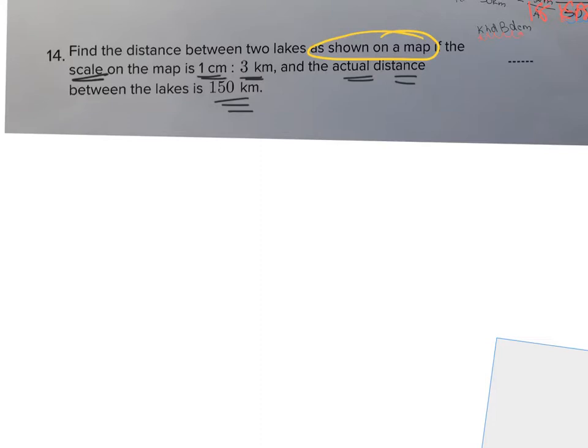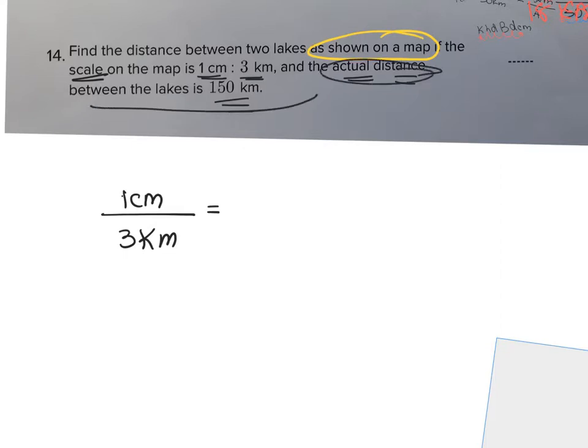You would say the distance on the map of 1 centimeter is related to the 3 kilometers in the same way that the actual distance is 150. That means 150 kilometers goes down here.